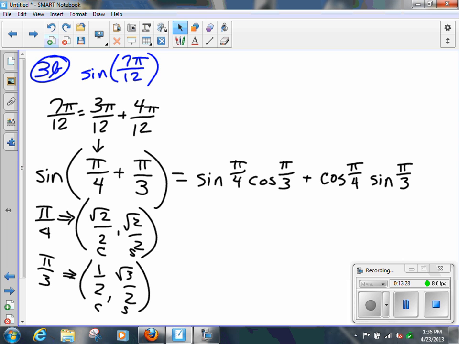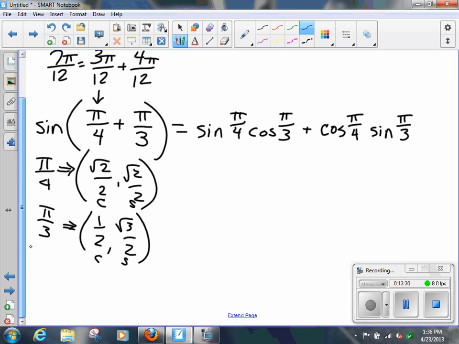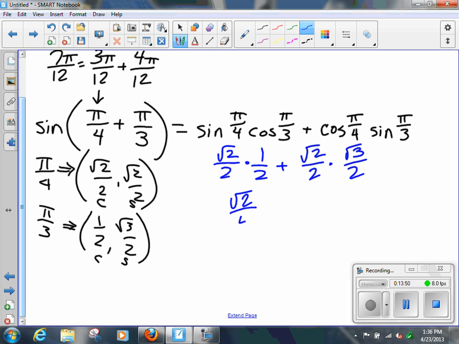Please. All right, sine. Well, what's the sine of pi over 4? Root 2 over 2. What's the cosine of pi over 3? 1/2. This is just multiplying and adding fractions. Cosine of pi over 4 is root 2 over 2. Sine of pi over 3 is root 3 over 2. Folks, multiply across each set of fractions. Root 2 over 4 plus, what is the root 2 times root 3?